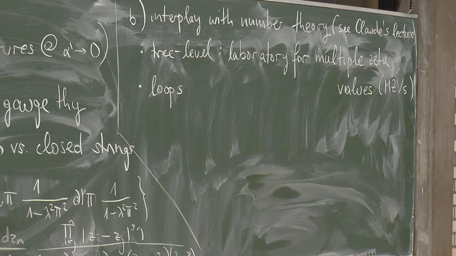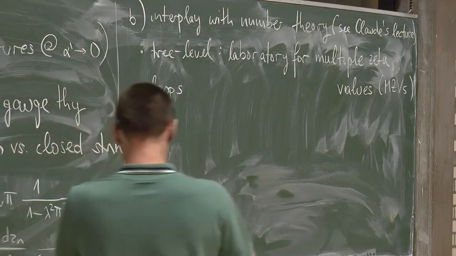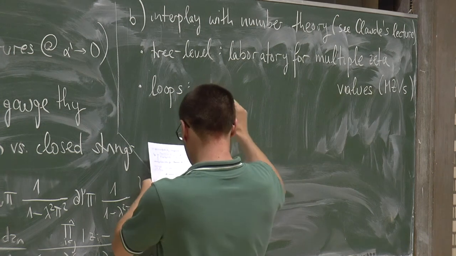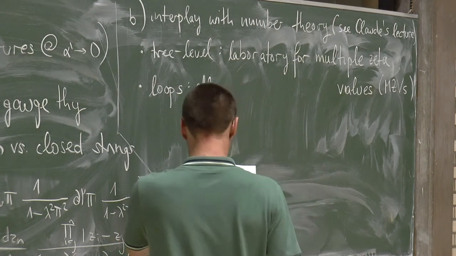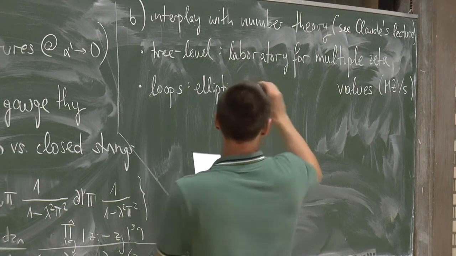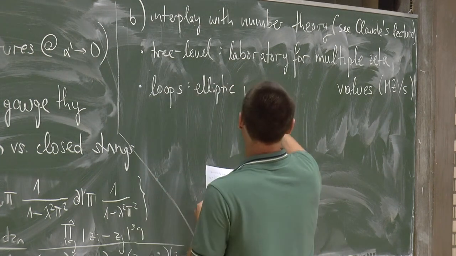The integrands that you've seen in David's lecture for the polylogs, the same kind of integrands appear automatically in these string theory correlation functions. So you can again look at loop level expressions in string theory, and this is very, very close to the definition of elliptic polylogarithms. So string loop amplitudes are natural playgrounds to see elliptic polylogarithms in action, or to get inspiration of how to organize them.